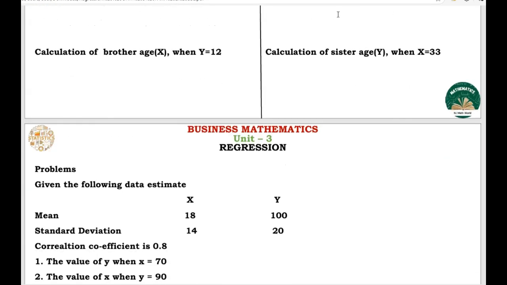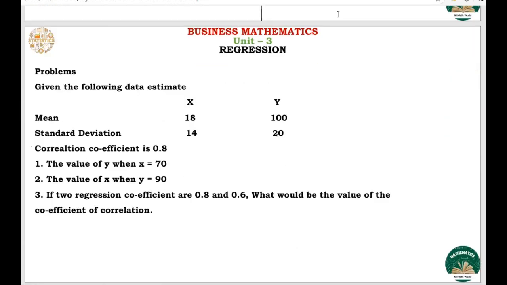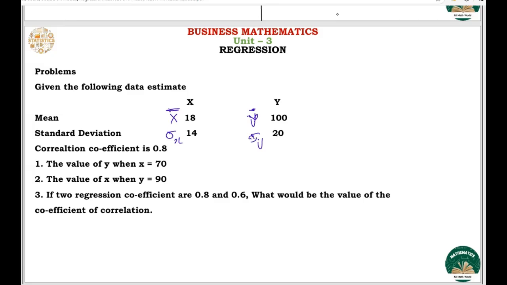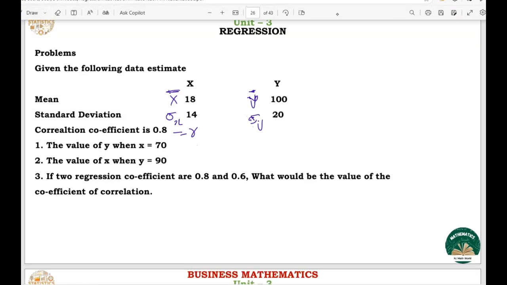Okay, then the same again. It is a direct question. Mean is given, standard deviation is given. They have given x bar and y bar, rho x and rho y, and r is also given. So you should find the formula equations by using the same method that we have done.